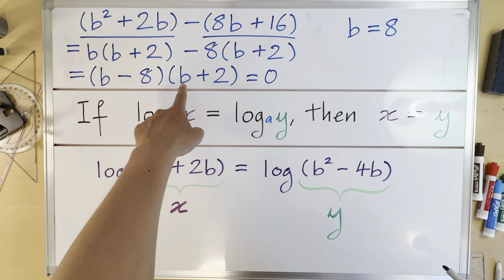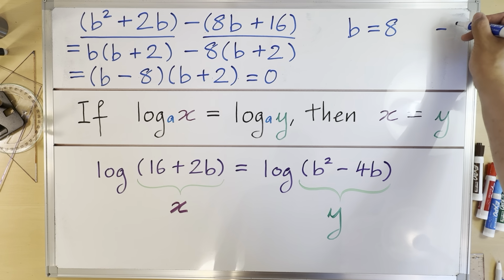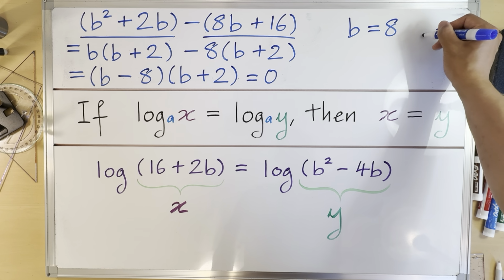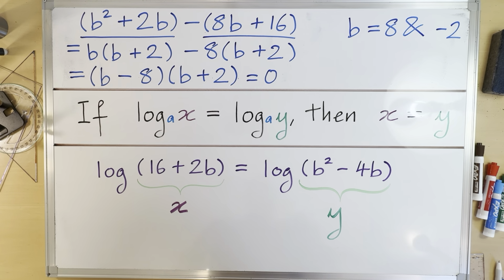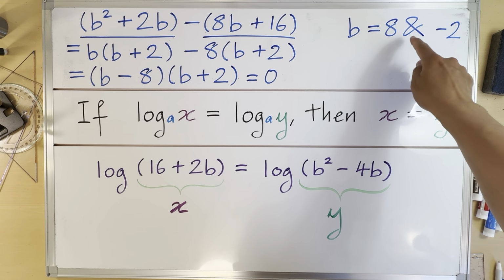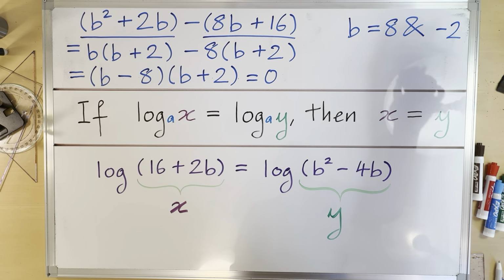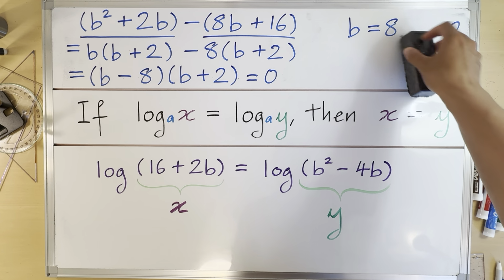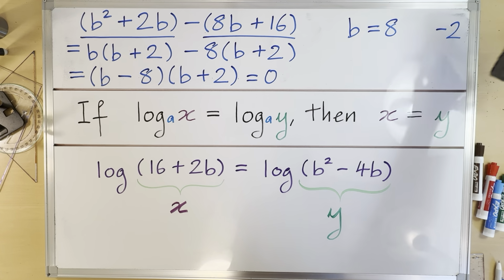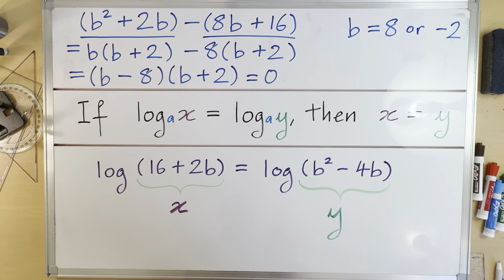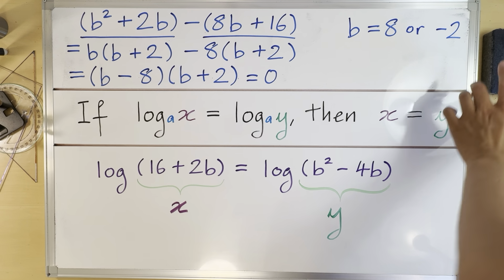For this case to be 0, b will have to be negative 2. Actually, I should say not and, but it will be more appropriately written as or. So now what we're going to do is plug it back in to see if it works.